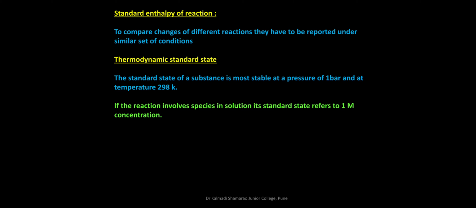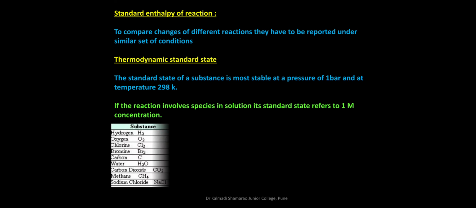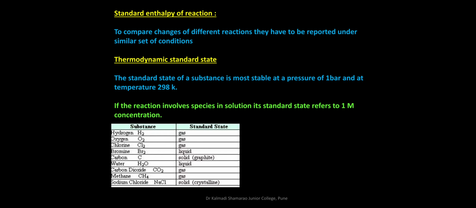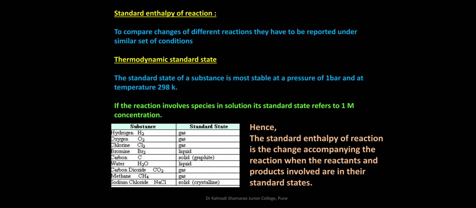If the reaction involves species in solution, its standard state refers to 1 molar concentration. For example, in this table, the substances are given and the states in which they are observed in the standard state are given.